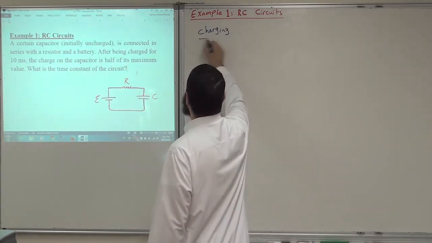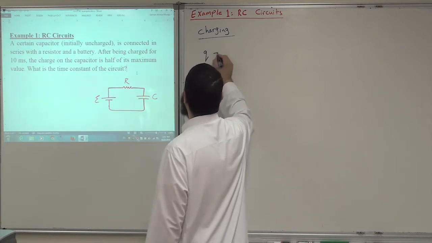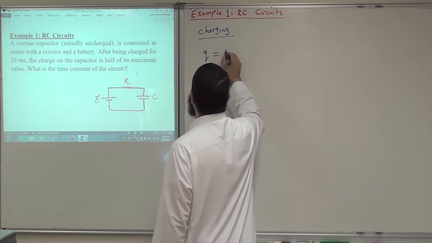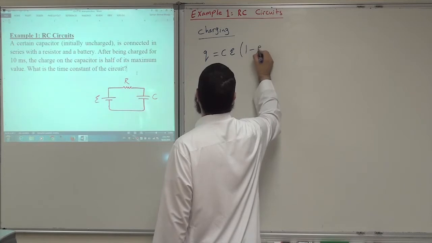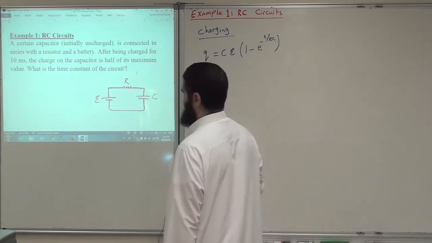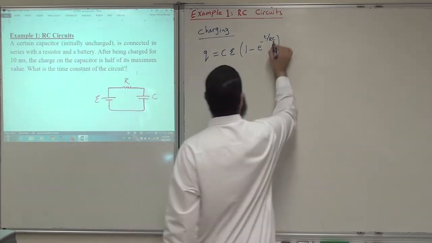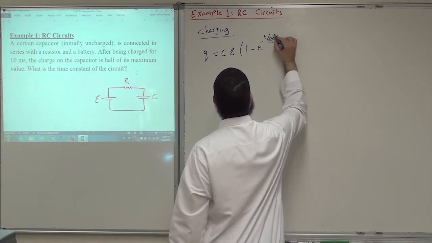So charging the capacitor, we know that Q at any time is equal to the maximum charge, which is CE, multiplied by 1 minus e to the minus t over RC. The time constant of the circuit, meaning that he's asking about this amount which is RC.